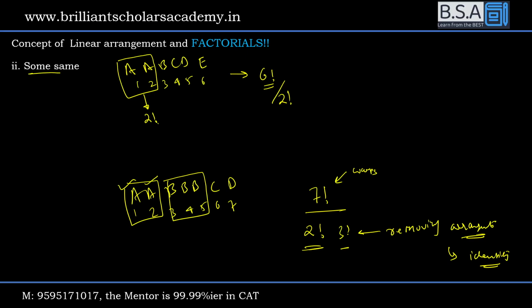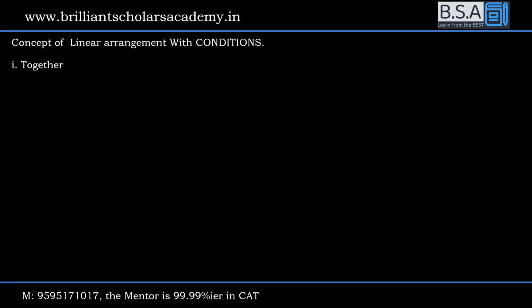Moving on, very elementary stuff. Now there have been questions earlier where people are together, people are not together. What do we do? So I'll start with small numbers. Let us say there are A, B, C, D, E, F, G and H, 8 people.